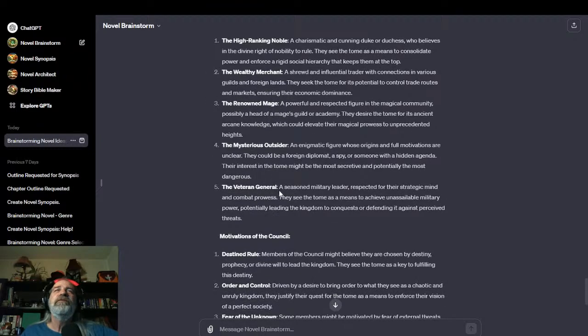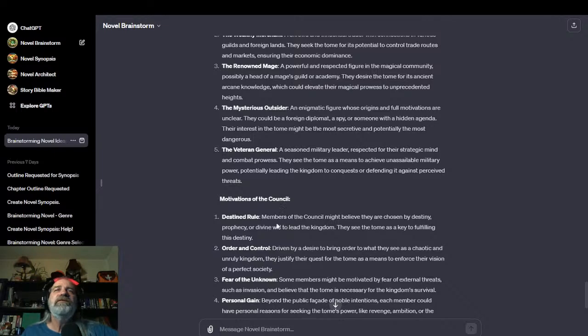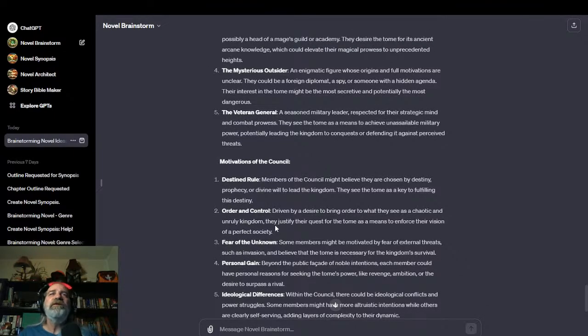The veteran general, a seasoned military leader, respected for their strategic mind and combat prowess. They see the tomes as a means to achieve unassailable military power, potentially leading the kingdom to conquest or defending it against perceived threats. Motivations of the council. Destined rule. Members of the council might believe they are chosen by destiny, prophecy, or divine will to lead the kingdom.